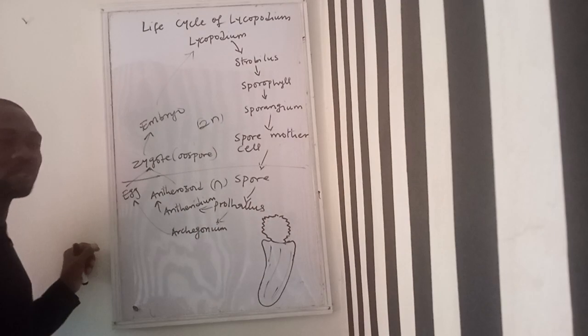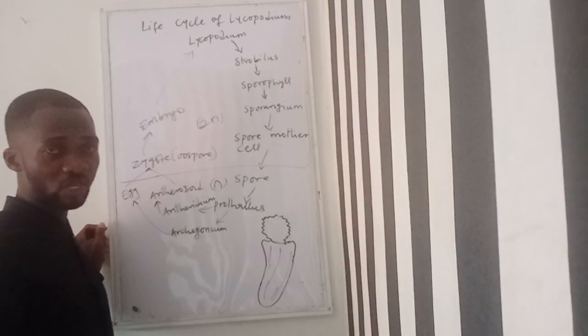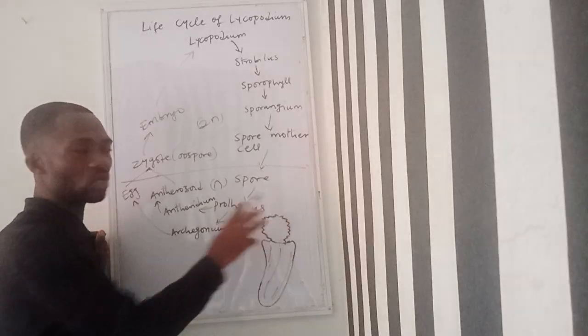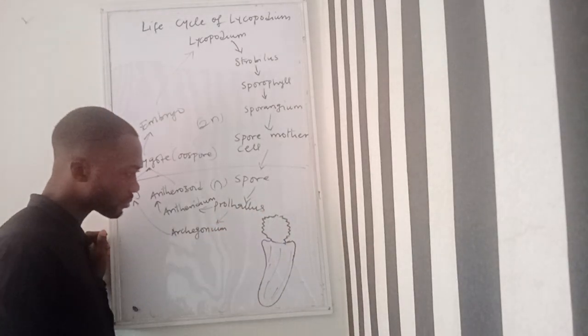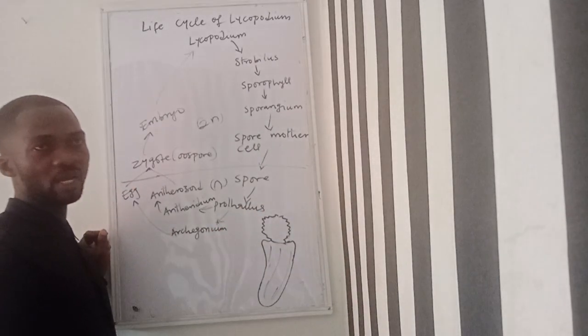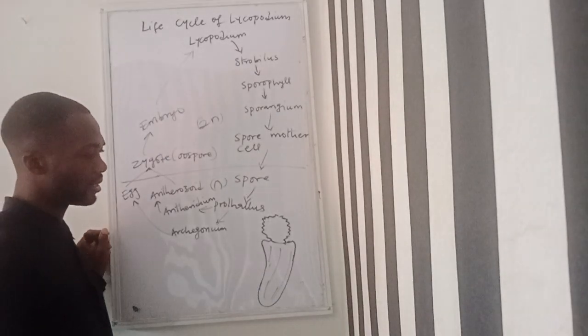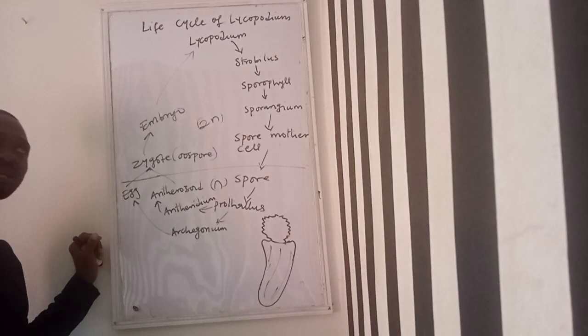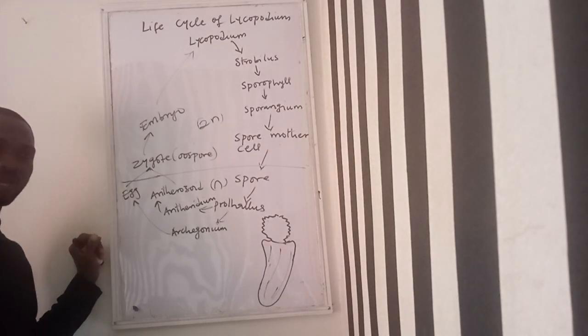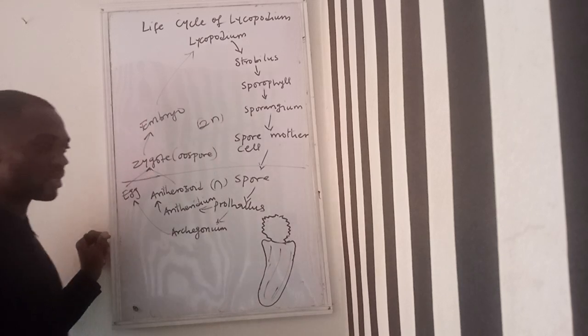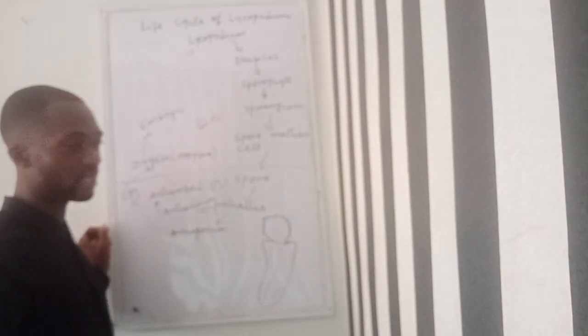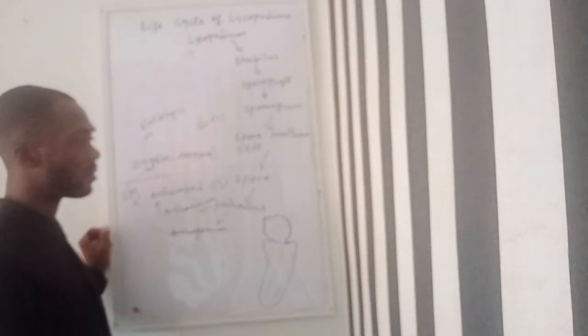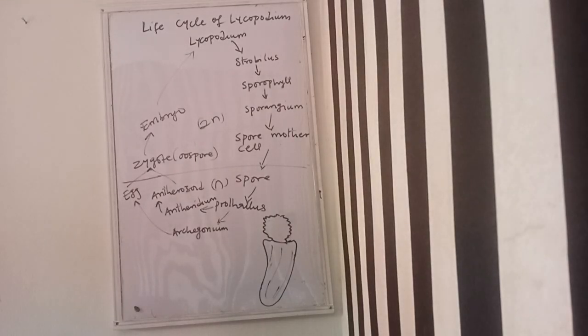So this is how the structure of the prothallus is in the case of Lycopodium. It has a lobed crown and a cylindrical body. And we are told that this cylindrical part of the prothallus is usually infected with a fungus, and that fungal infection sometimes results in distortion of the life cycle of Lycopodium, or the process gets arrested. That's how it was written.